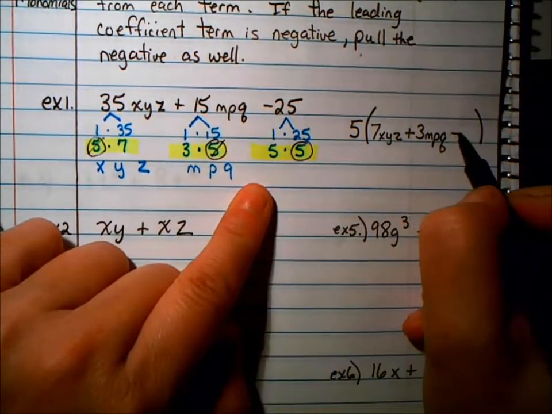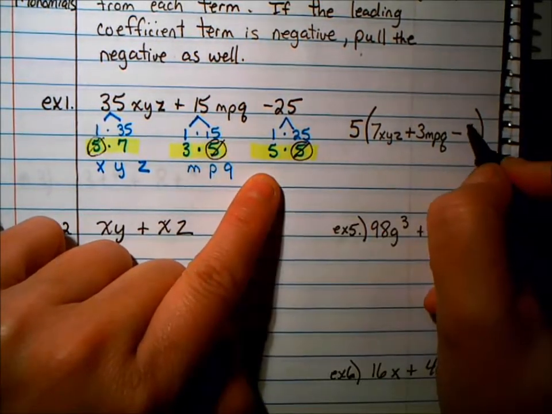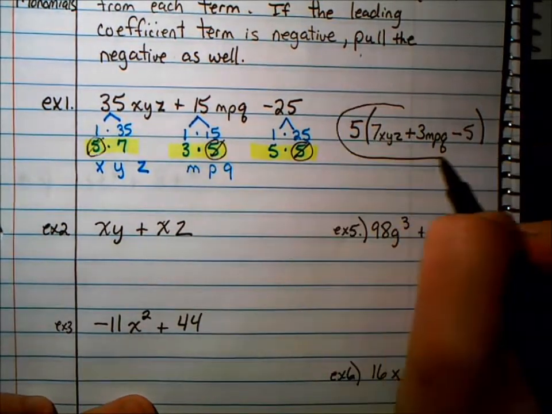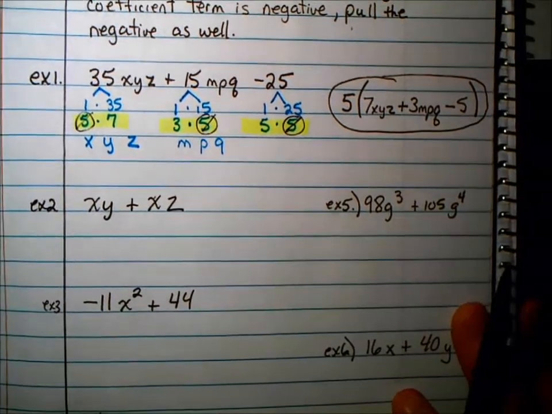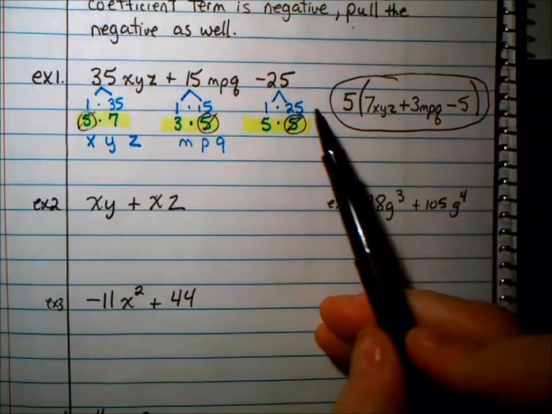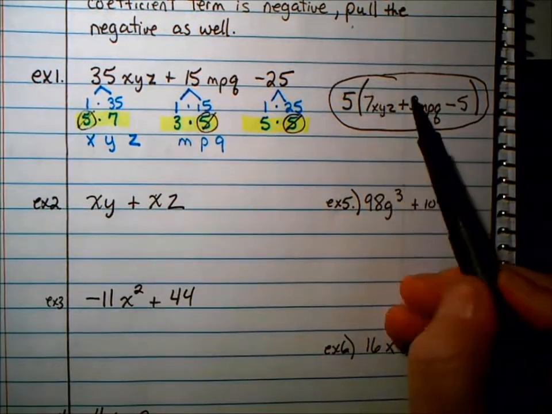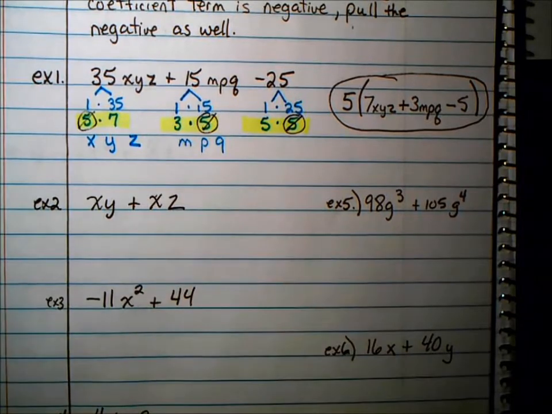This was a minus, so make sure you write the minus sign. And then I pulled out a 5, and what was left was also a 5, and I don't have any letters. This is your answer, factored. It's a factored form. Notice we went backwards from what we were doing all last week. If I redistribute the 5 into my parentheses, I will come back at my original problem.